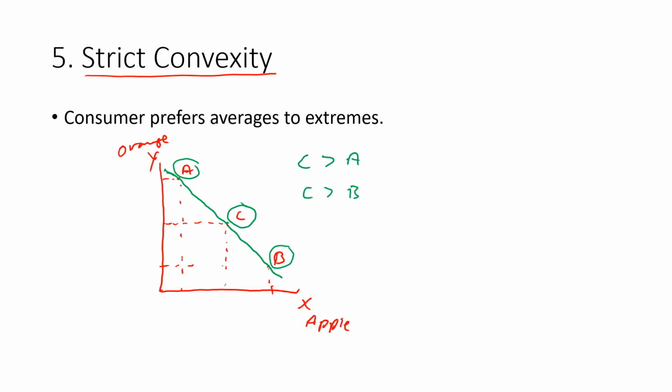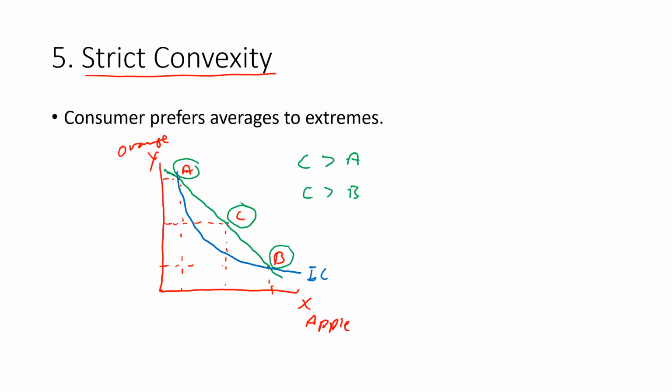We can also see that through another graph. Let's say this is the blue graph. We call this an indifference curve. We will be discussing indifference curves in detail later on, but at this stage, an indifference curve consists of all those bundles which have identical utility.